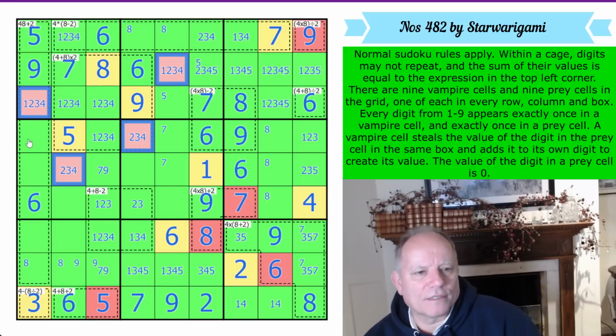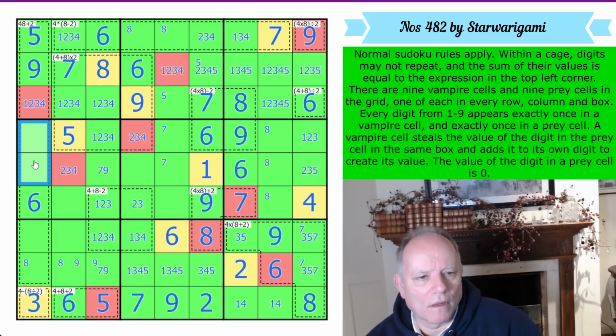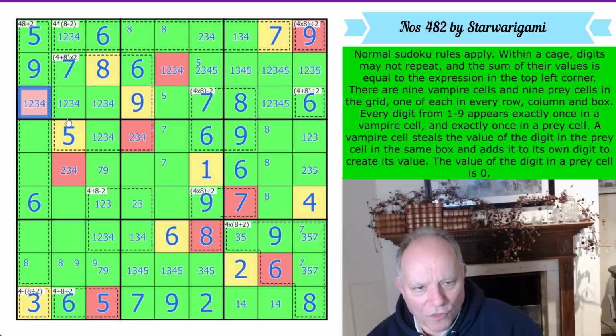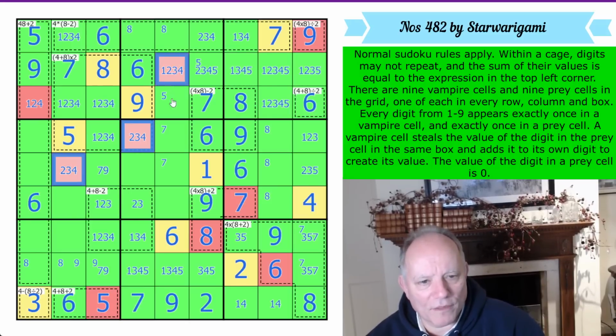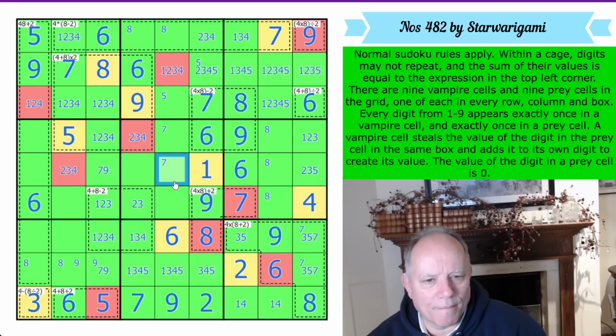Here's a weird thought. These, oh, that can't be 3. Okay, so because of that, now 3 is in one of these cells and that can't be 3. Big potatoes, what use is that?